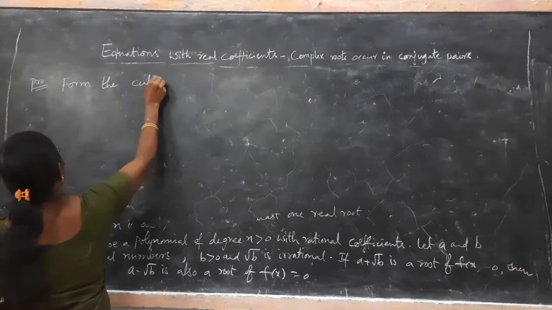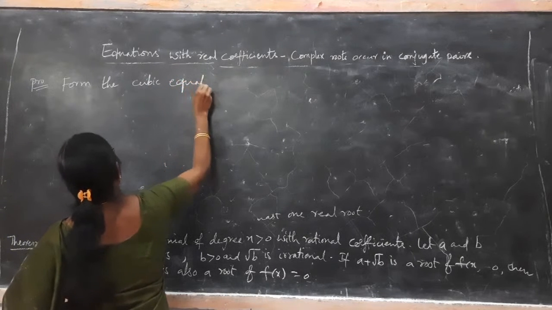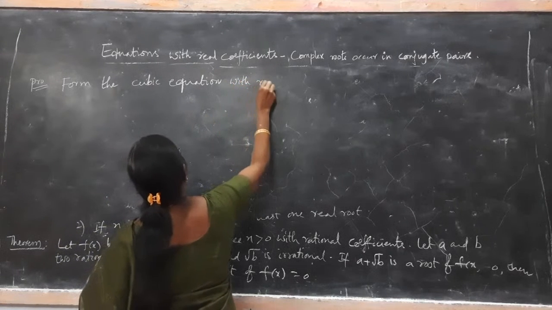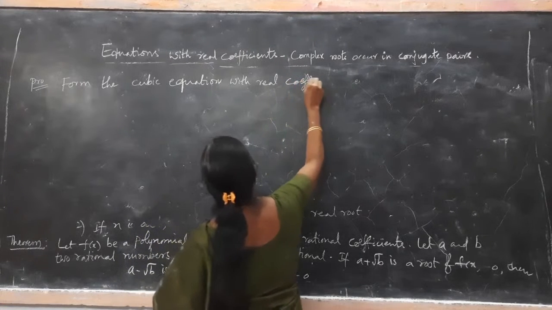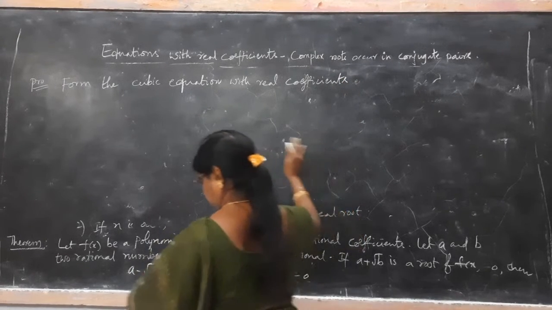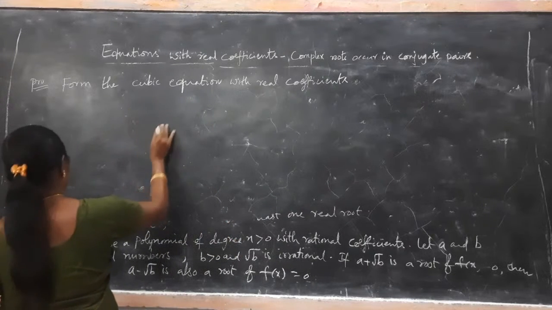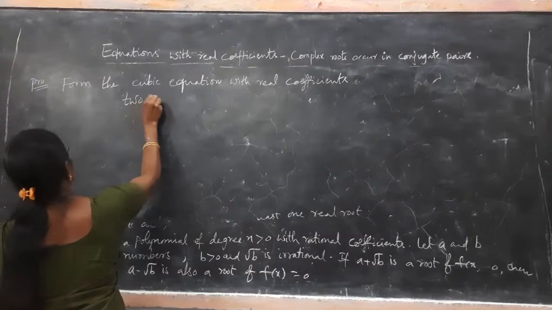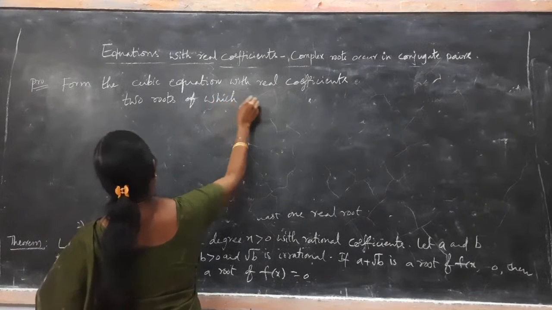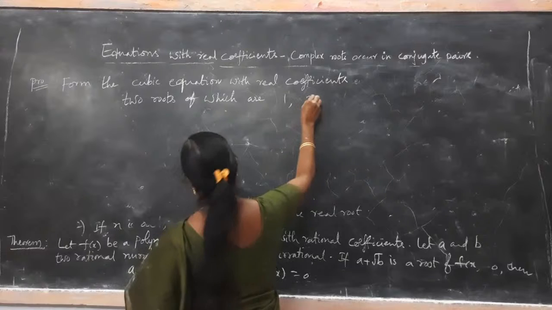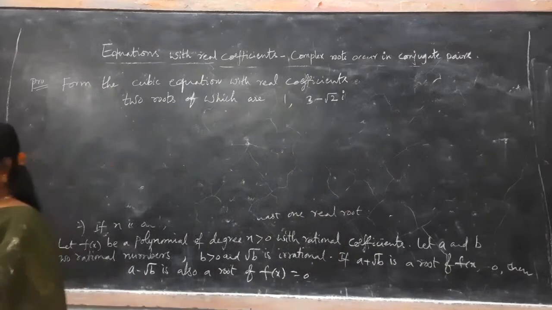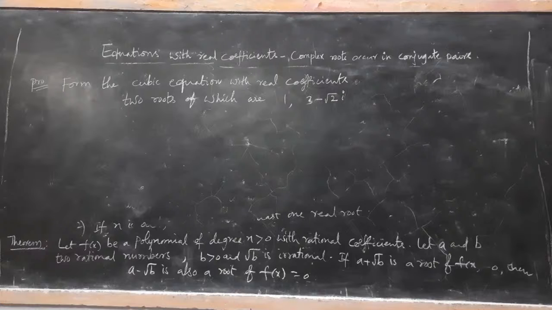Form the cubic equation with real coefficients, two roots of which are 1 and 3 minus root 2i.